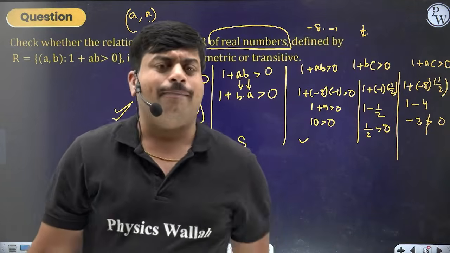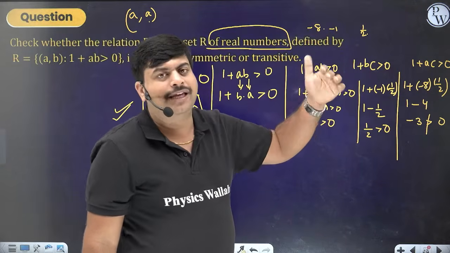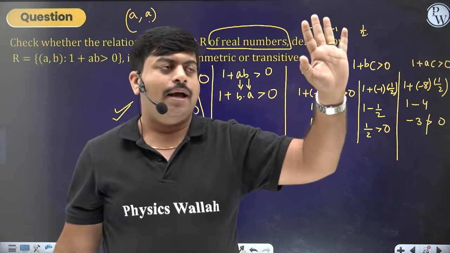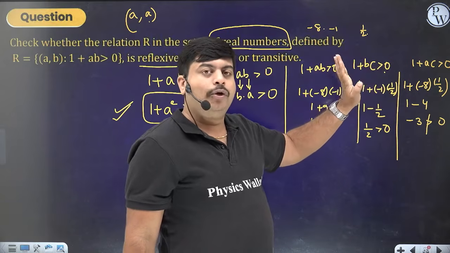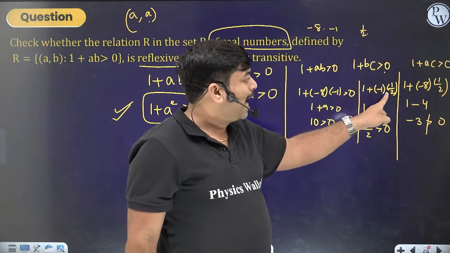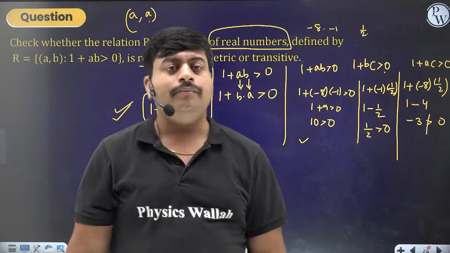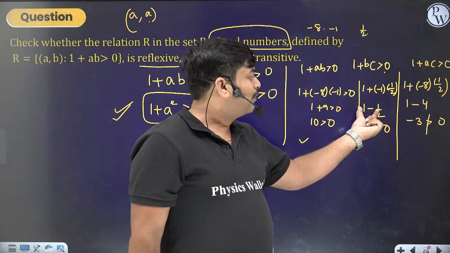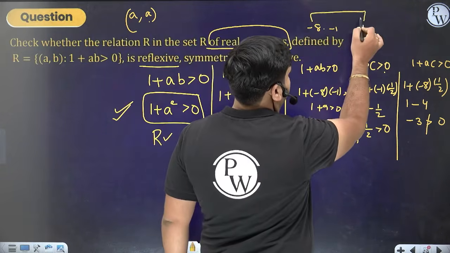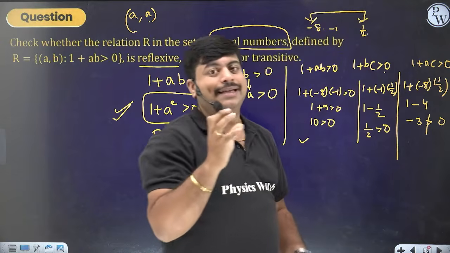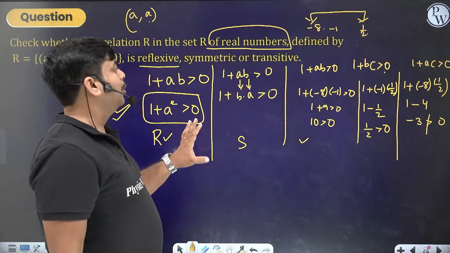You can take any examples. Why this happens is, see, A into B will be positive even if both are negative, right? 1 plus BC will be greater than 0 even if both are positive, or you can also have a chance that one value will be positive but a very small value. Then also I can say that this value will be greater than 0. But that will not happen again when you go for A and C. So you need to take examples in such a way that to say it is true, you need to go through this process.